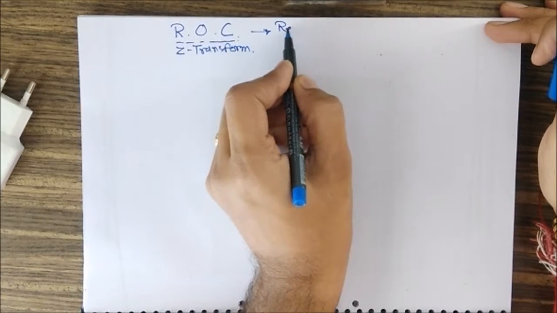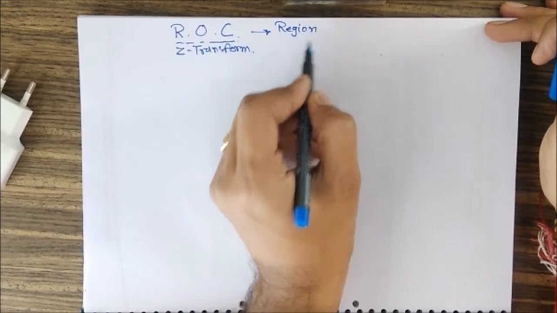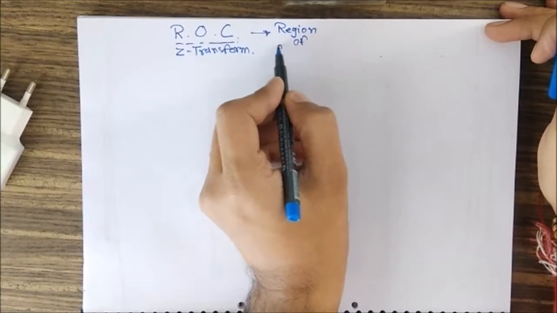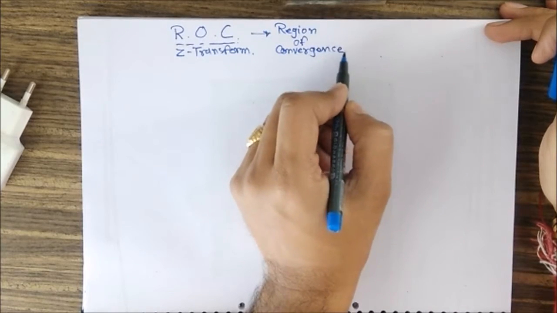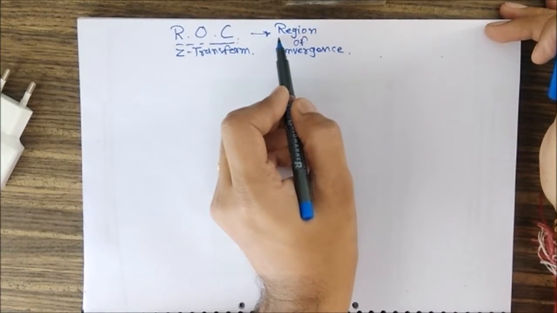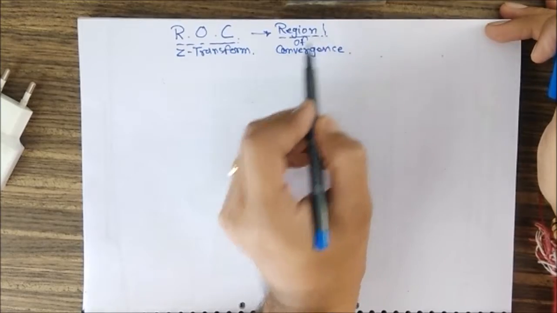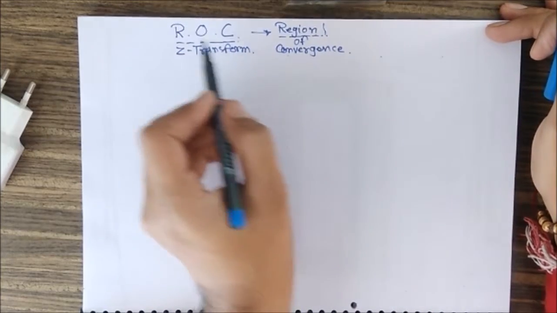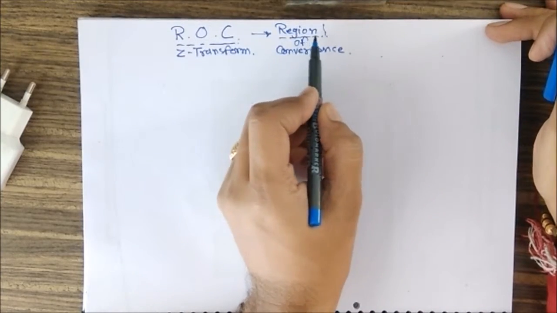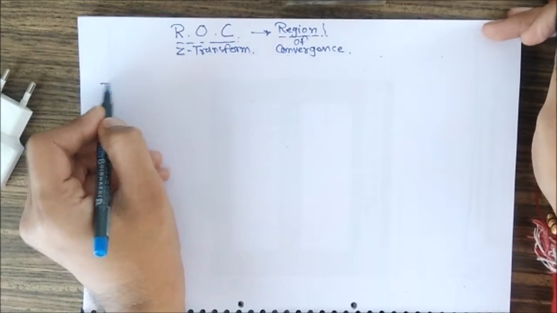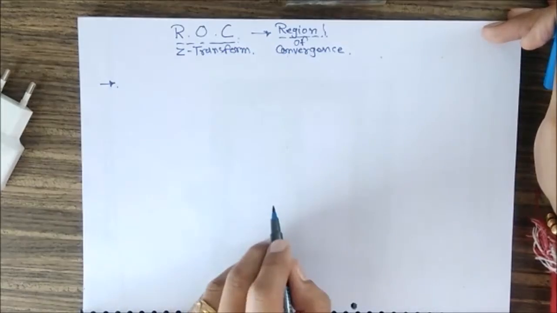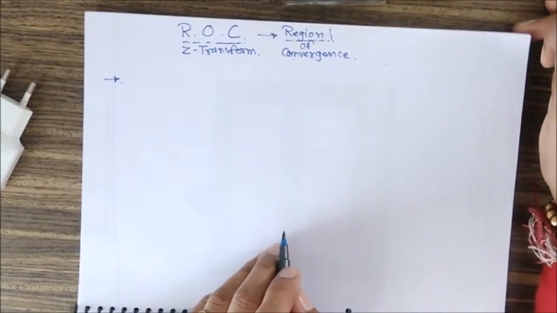That is nothing but the region of convergence. So region means it is a part of a Z transform, and it is nothing but region of convergence. So let's define what we mean by ROC, region of convergence.